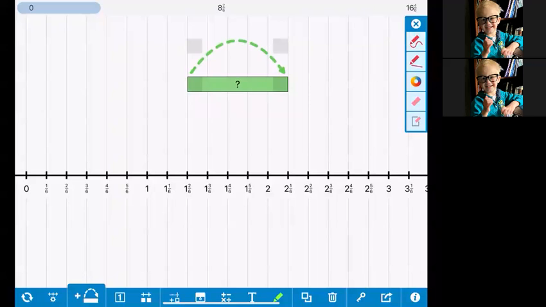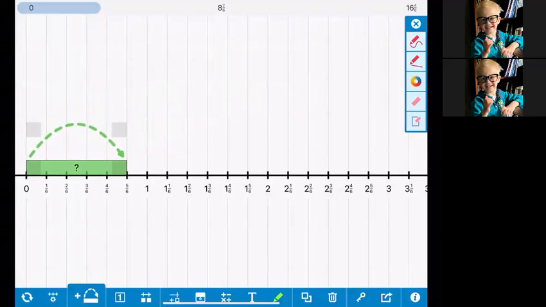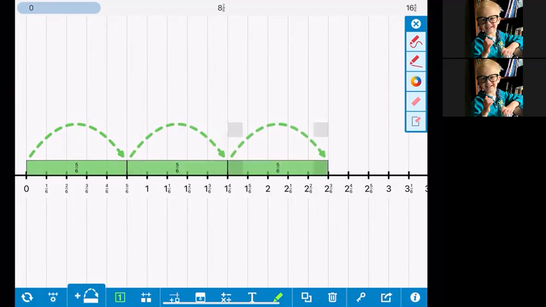And then we can see the same idea. We can do 5/6 one time, 5/6 another time, 5/6 another time. And so we can see with these hops on the number line, it ends us at 2.5. So this is our 3 times 5/6.